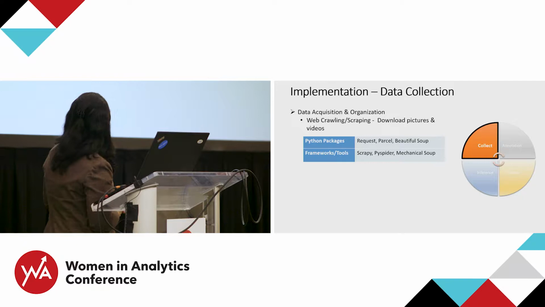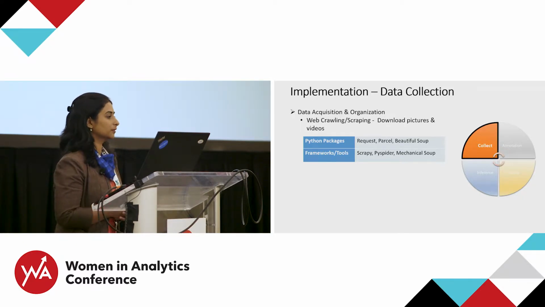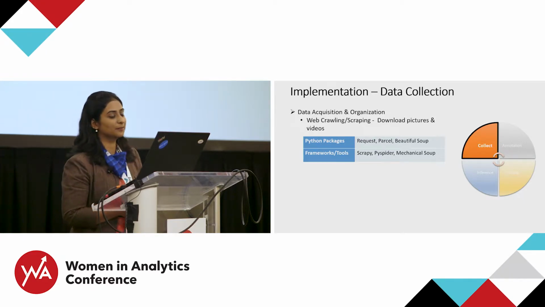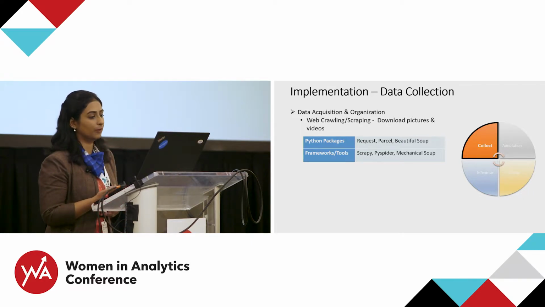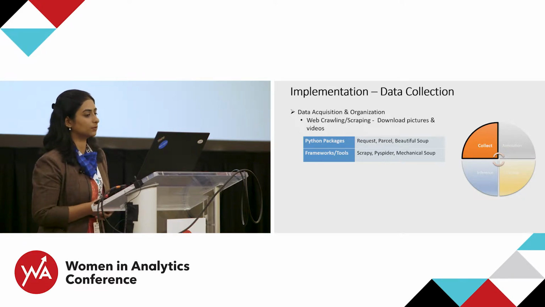These are some of the open source packages which are already available. If you're a Python expert, you can write your own web crawlers and scrapers, but save time and use these packages to do that. The Requests package can be used for web crawling, and lxml and Beautiful Soup can be used for the scraping process.